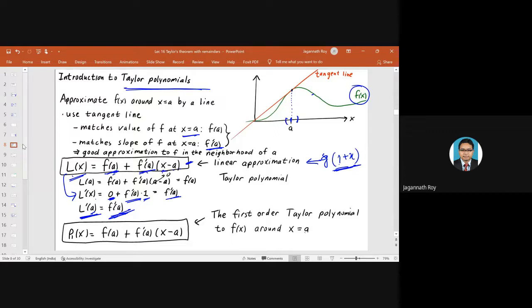So we can say that in this interval, the points of the given curve f of x and the functional values of this polynomial are the same. So we call it a first order Taylor polynomial to f of x around the point a. Okay, so this is the complete sentence: a Taylor polynomial has to be around some point. This is a first order polynomial.